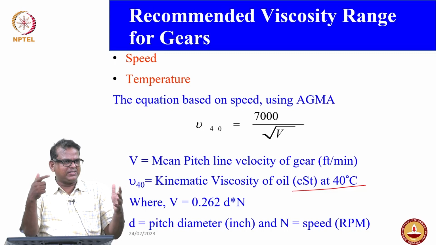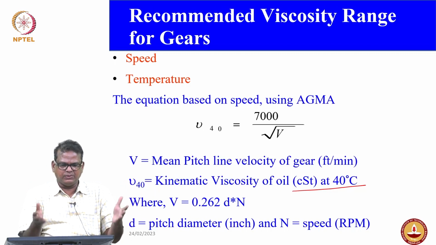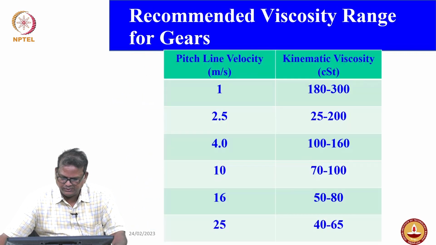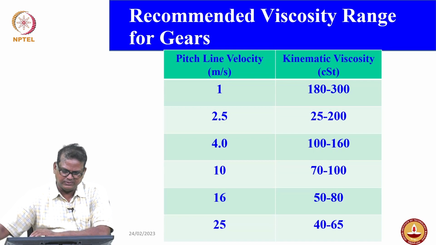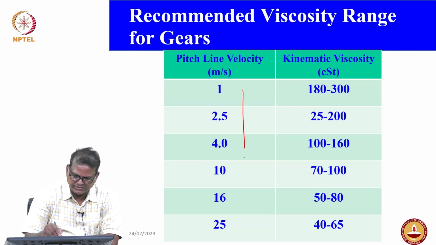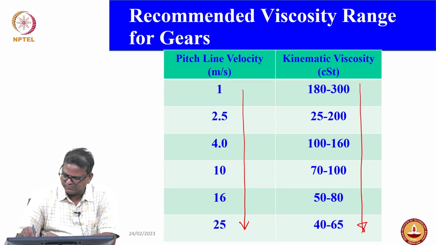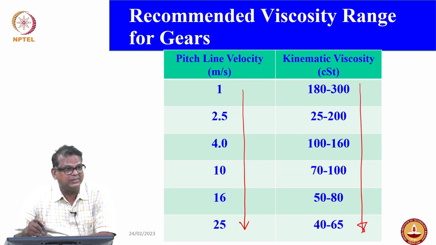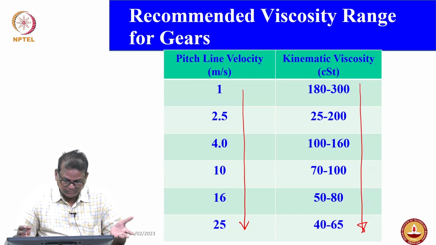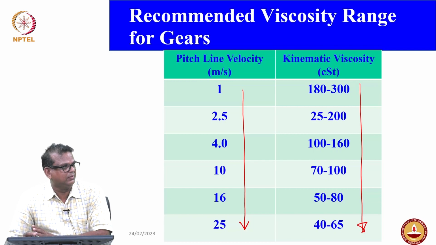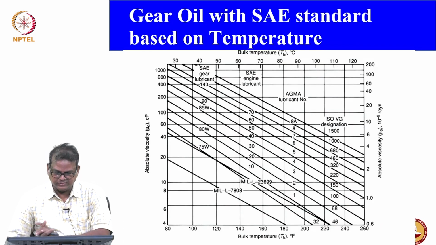You can take the average pitch line velocity of the shaft and substitute, and you will get V. As the pitch line velocity increases, your viscosity also decreases. Remember, that's a basic thumb rule. So the higher the velocity, the lower viscosity lubricants are preferred.